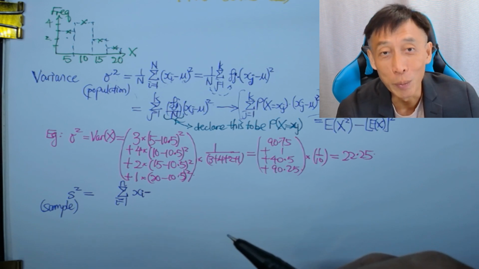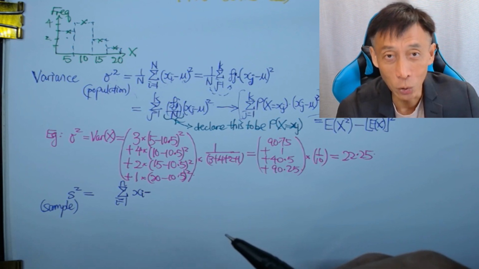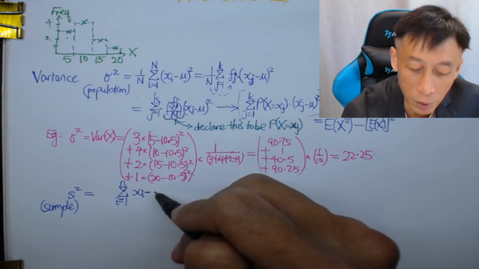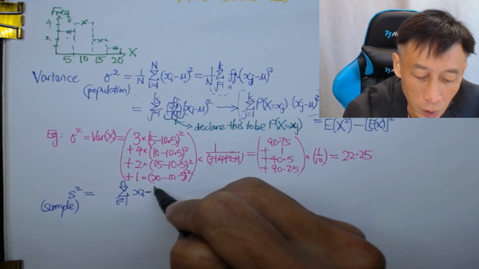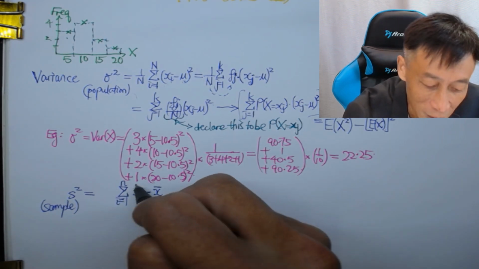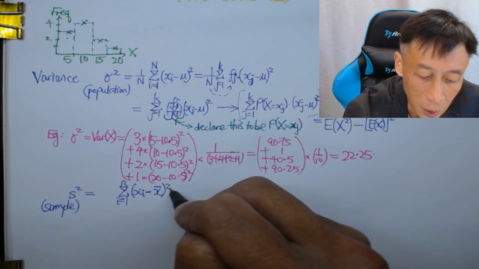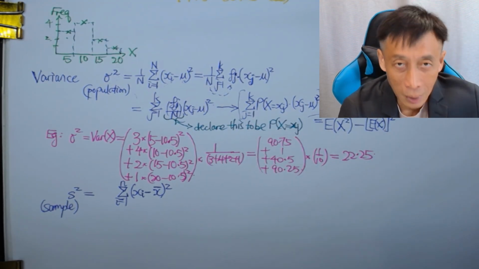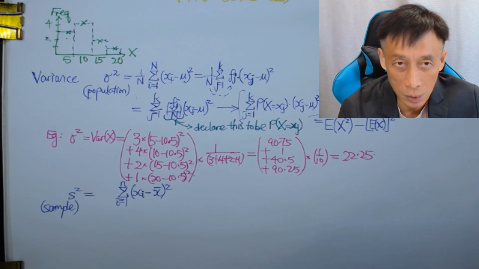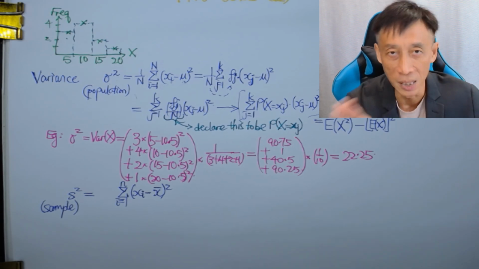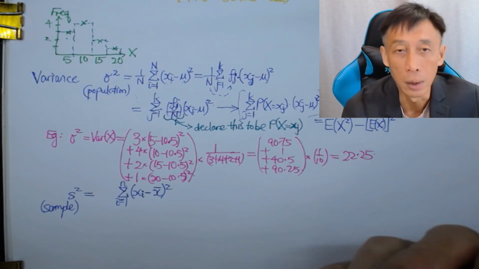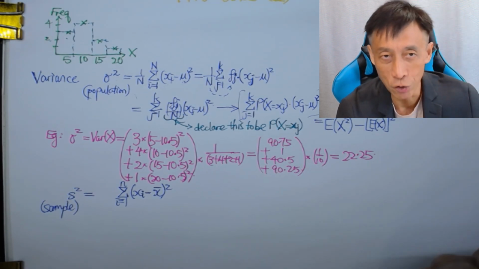We often don't know the population mean itself. So how do we calculate sample variance if we base it on mu? Cannot. So we have to use an unbiased estimator, X bar. It is unbiased because it tends to be neither larger than mu itself nor smaller than mu itself. It will jump probabilistically because it depends on your random sampling, but it will not tend to be larger or tend to be smaller.